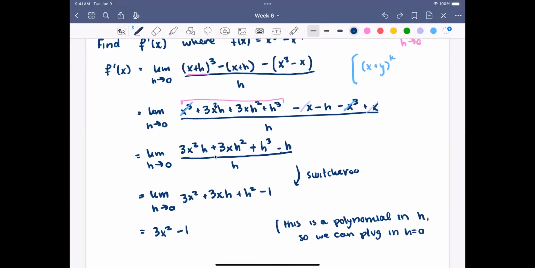With the derivative, we want to know what this is at particular values of x. If I plugged in some specific x value, these would just be numbers, and then what I'm left with is just a polynomial in the variable h.